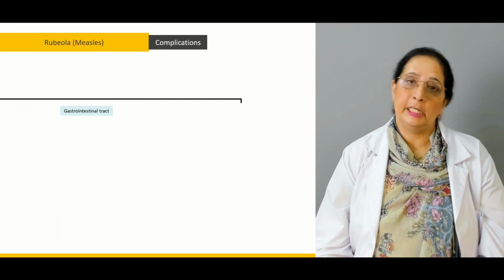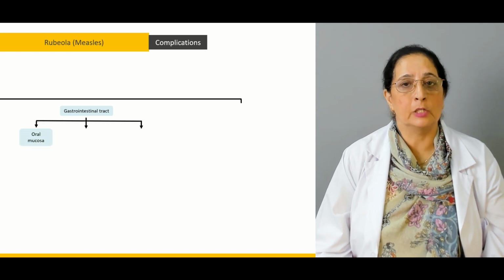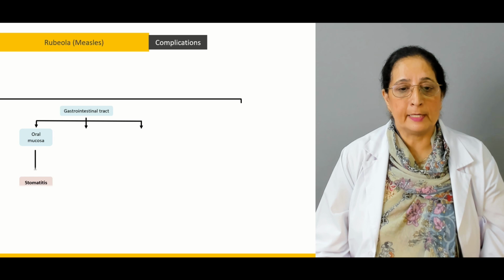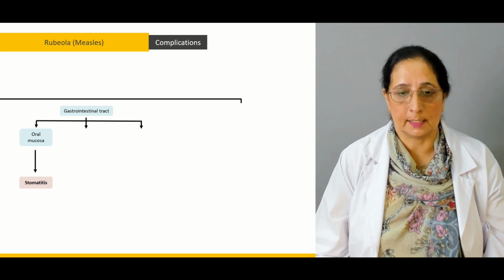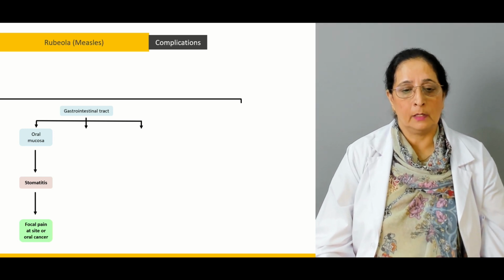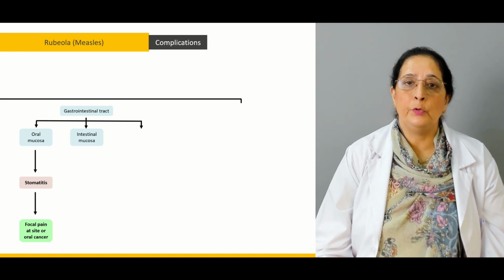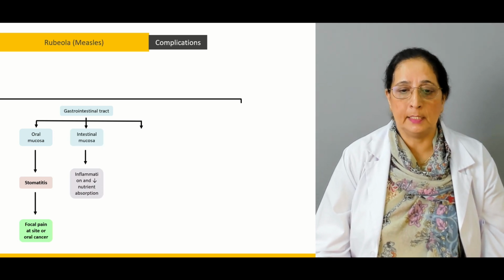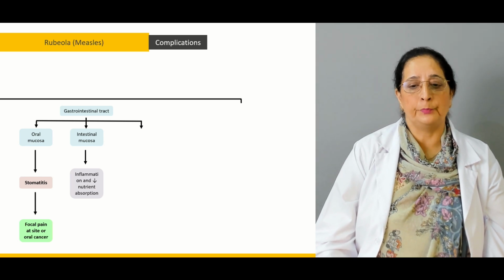Some other complications: when the gastrointestinal tract is involved, and it affects the oral mucosa, it causes stomatitis. There is focal pain in the oral cavity. If it involves the mucosa of the intestine, it causes inflammation and decreased nutrient absorption.